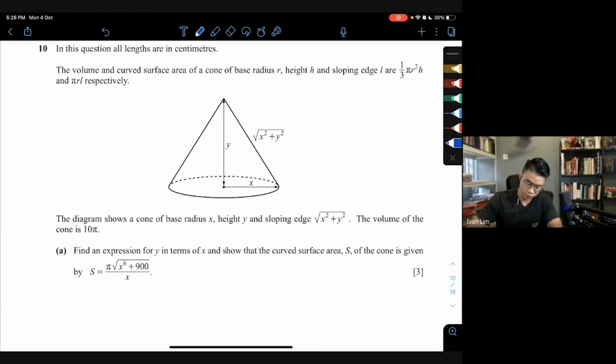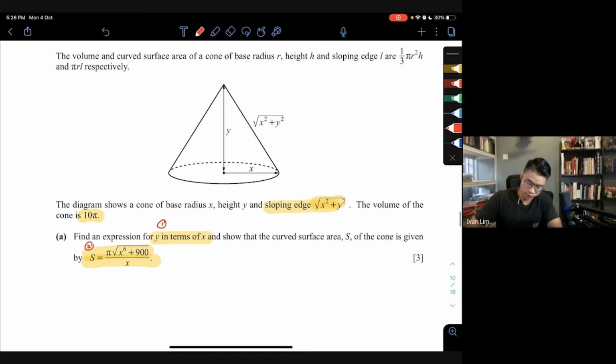The volume of the cone is 10 pi. Find an expression for y in terms of x and show that the curved surface area S of the cone is given by S equals pi times the square root of x to the power 6 plus 900, over x. We want to do the first part first, then this one is the second part.